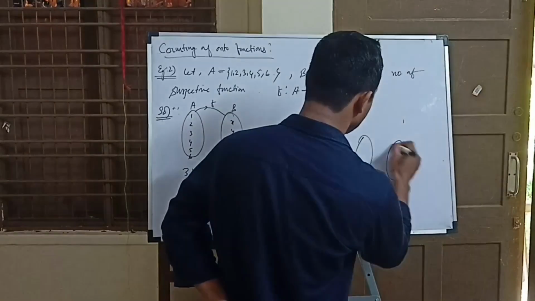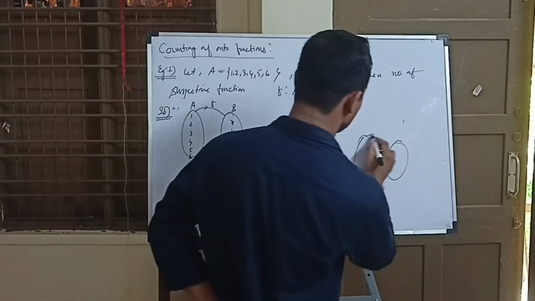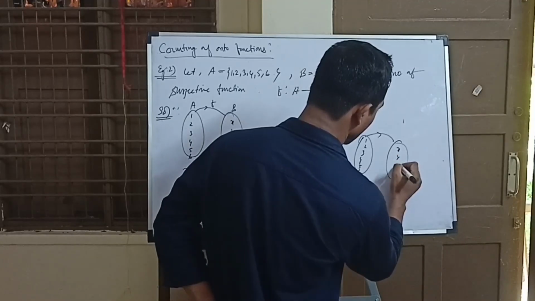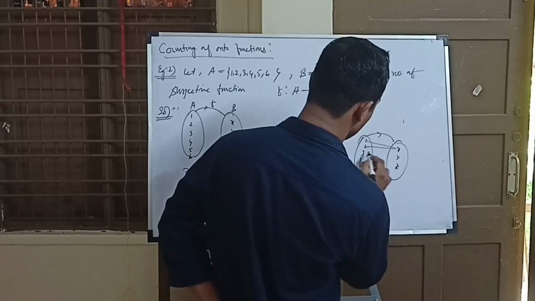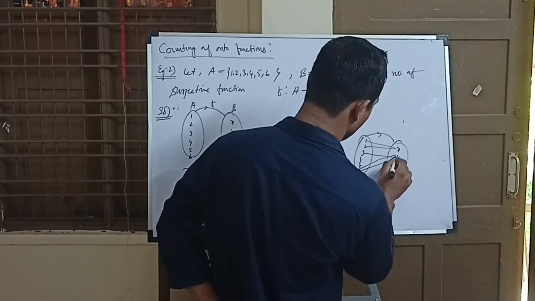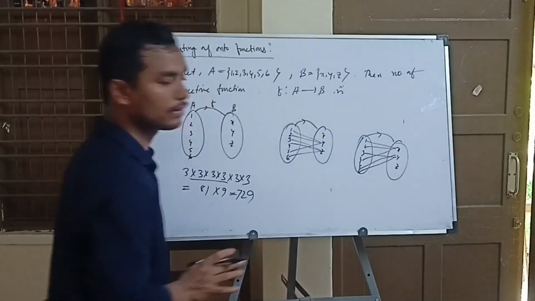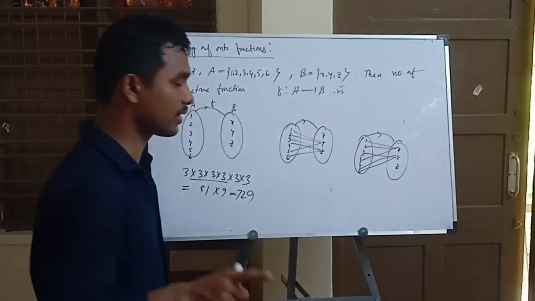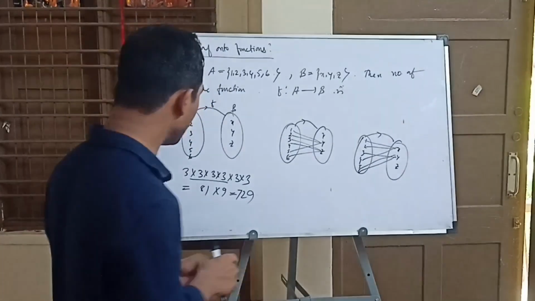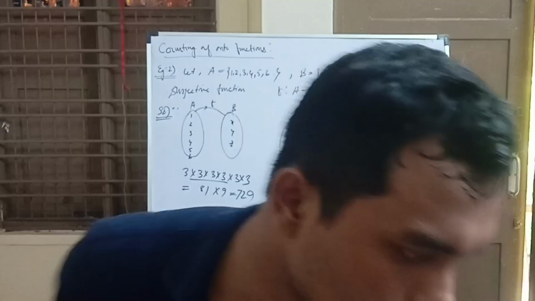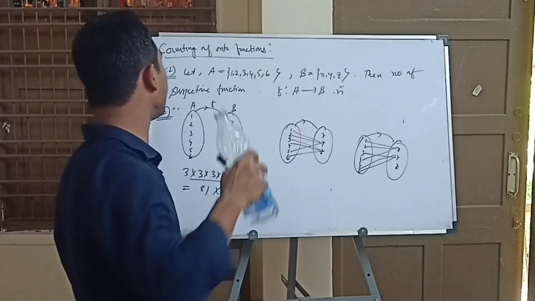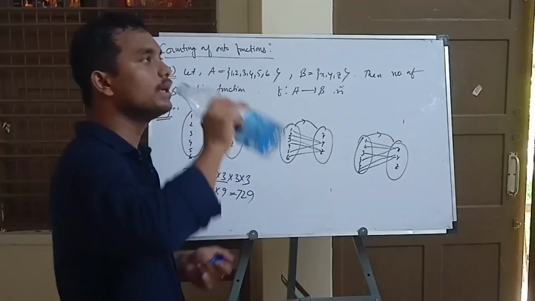Among these 729 functions we have to remove this type of functions. Correct? We have to remove the constant functions also, because a constant function is not onto. Okay? How can we count this, the number of surjective functions from A to B?